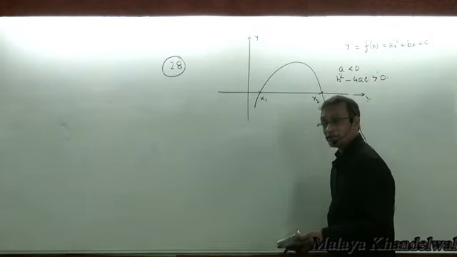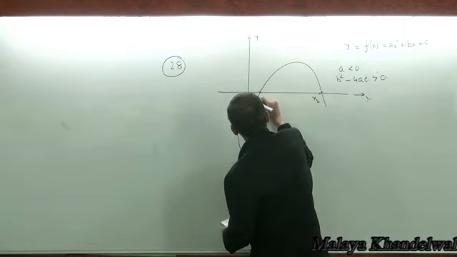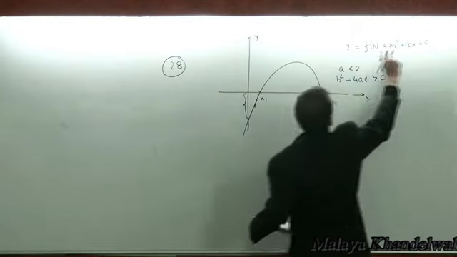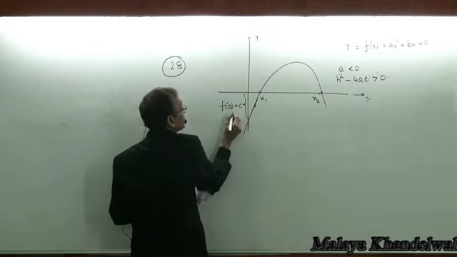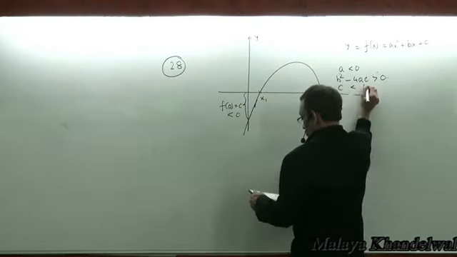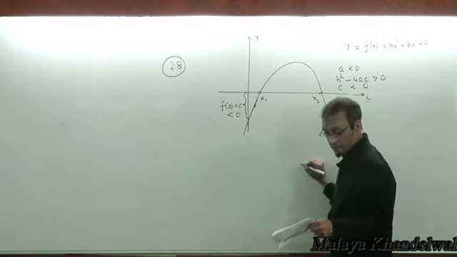So B is not right. C greater than 0. The value of the function at x equal to 0, this is f(0), which is c. Very clearly C is less than 0, which makes option C incorrect.